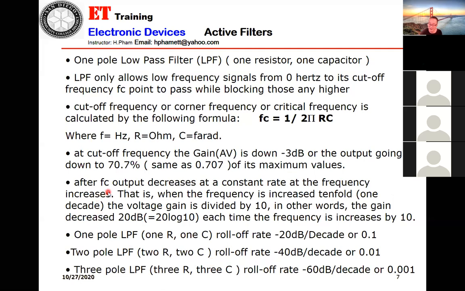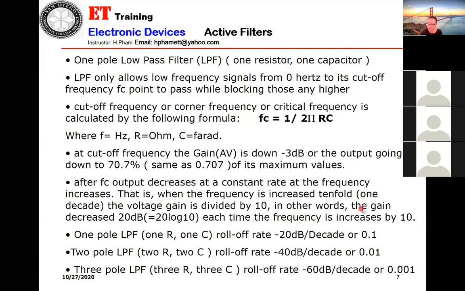After the cutoff, the output decreases at a constant rate as the frequency increases. That is, when the frequency increases tenfold, 1 decade, the voltage gain is divided by 10.